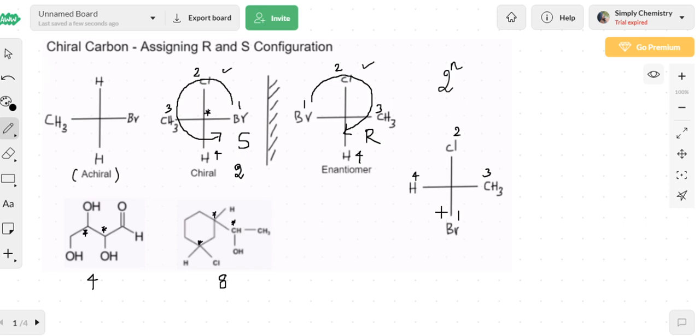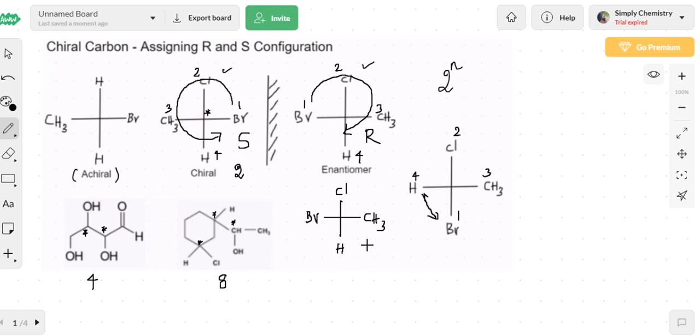So here what we are doing is we are going to bring the least priority group to the bottom. So I'm exchanging these two groups, so we get a species like this, that is, bromine goes to the left side, hydrogen comes down, CH3 and Cl stay at the same place.